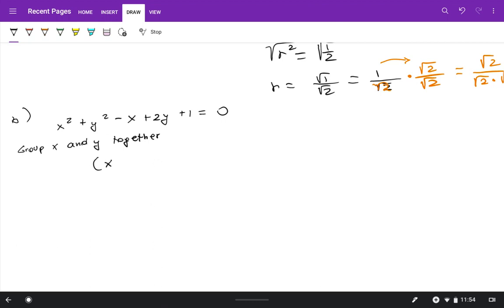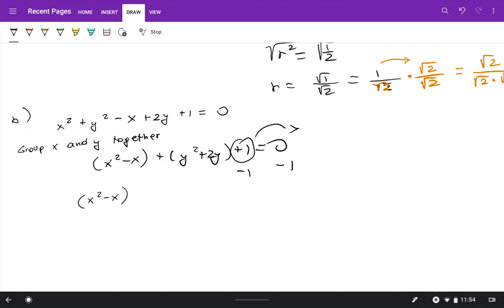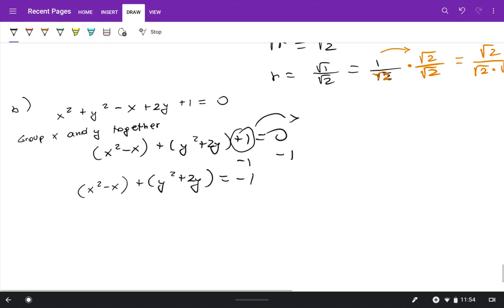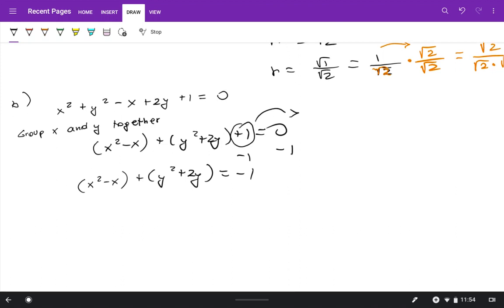So again, this is x squared minus x plus y squared plus 2y plus 1 equals 0. Next, you're going to move positive 1 to the right side. So we'll subtract 1 from both sides, and we have x squared minus x plus y squared plus 2y equals negative 1.